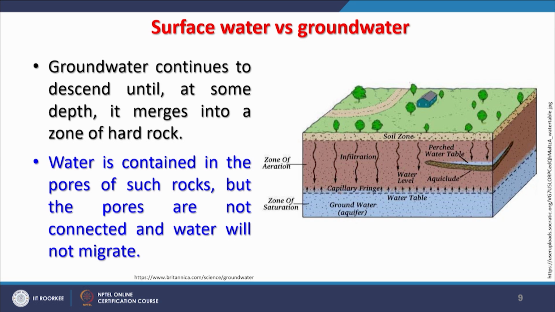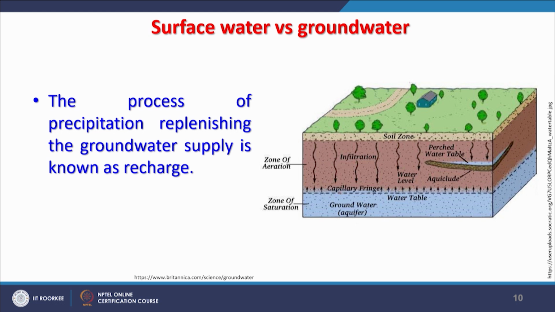There is a basement rock all the time, and basement rocks may not contain water, may not have opportunity to store water. Water may be contained in the pores of such rocks, but if the pores are not connected, it will not migrate. Sometimes water may be there, but if permeability is very poor, you cannot withdraw or exploit that water.